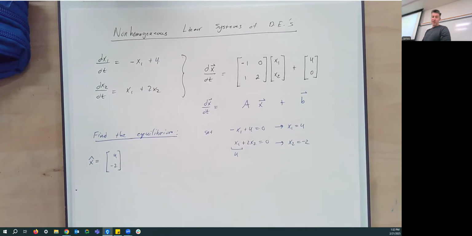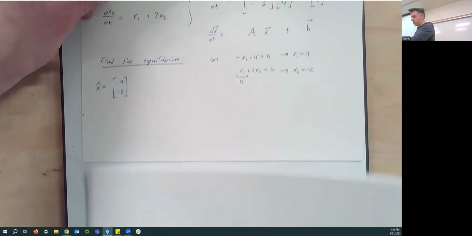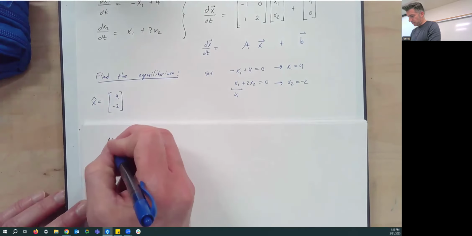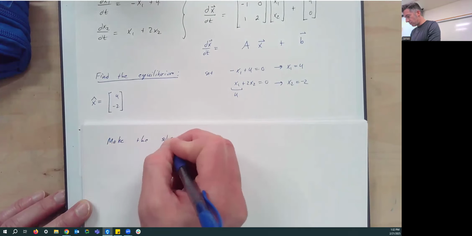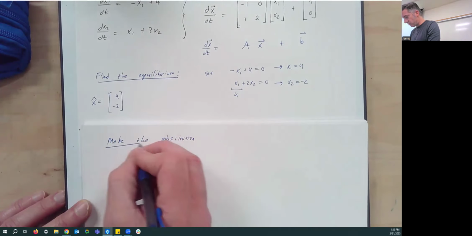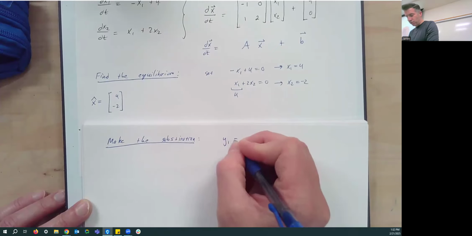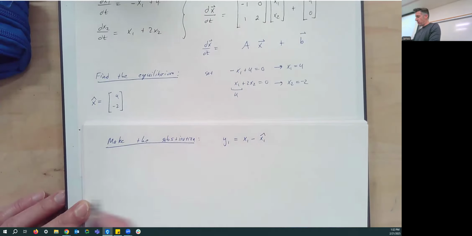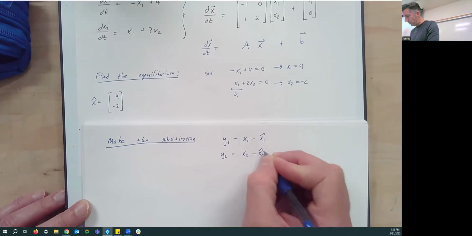What we're going to do now is make a substitution, where y1 is equal to x1 minus your x1 equilibrium value, and y2 is equal to x2 minus your x2 equilibrium value.